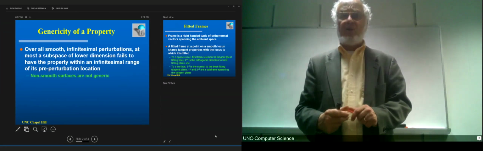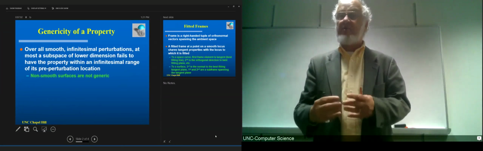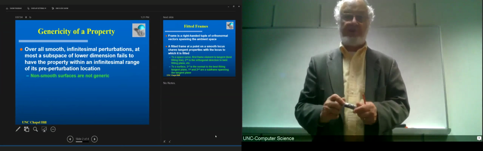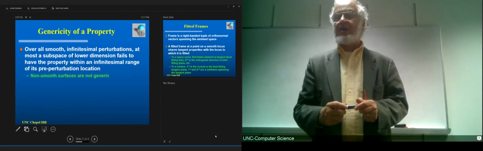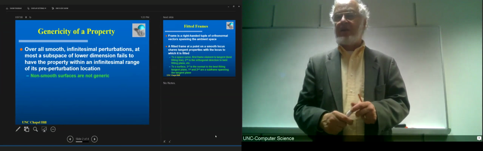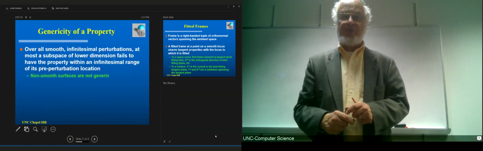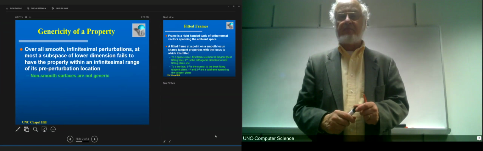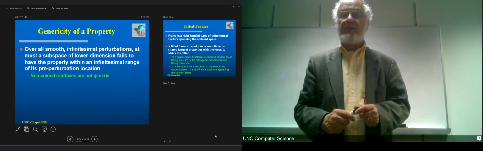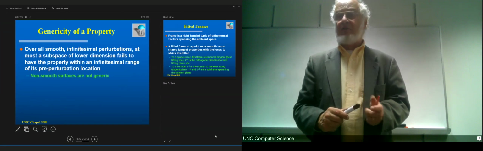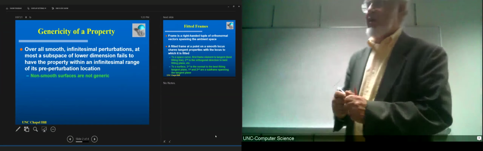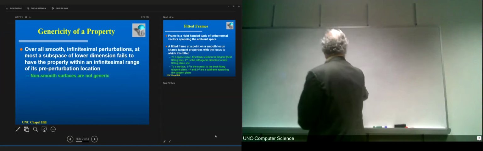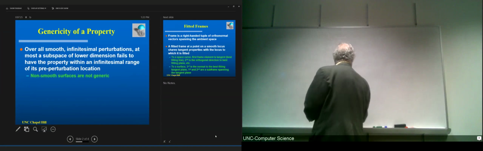If the property holds everywhere except in a lower dimensional subspace, we say that the property is generic. And so to talk about a generic surface, well, let's talk about, for example, a straight line.